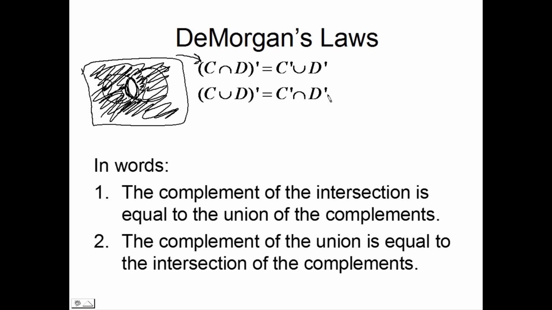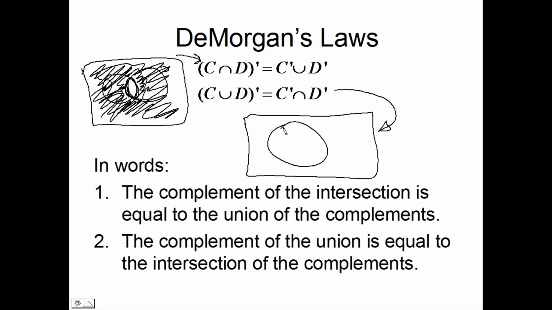Now let's look at the second equation. This is actually the one that we just looked at. So if we look at the left side, the complement of the union, if we union both of these together, it's going to be everything that's in one circle or the other or both.